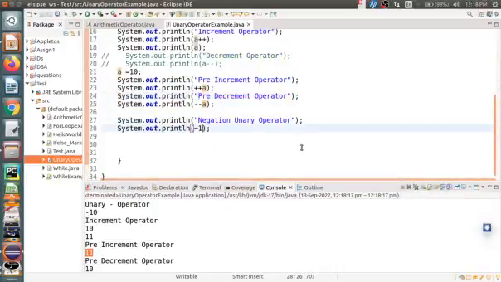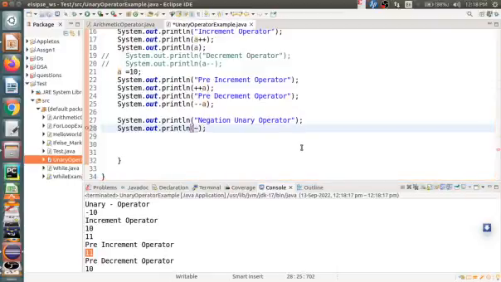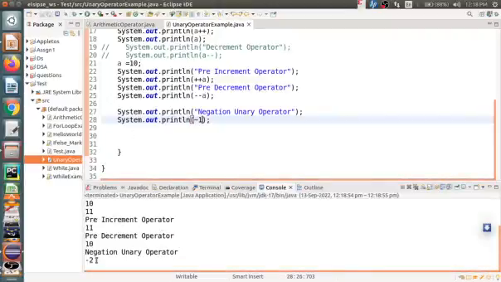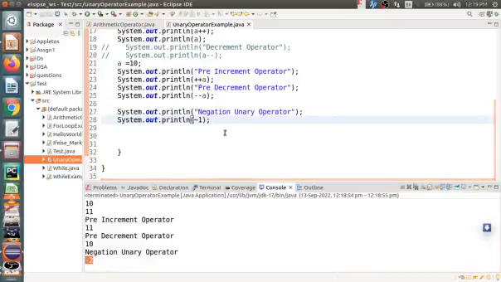Okay, and for the negation unary operator, the tilde mark, this mark, and then 1. Suppose I am writing minus 1, then it is minus 2. Then it is called the negative complement operator. You will see why it is called this.